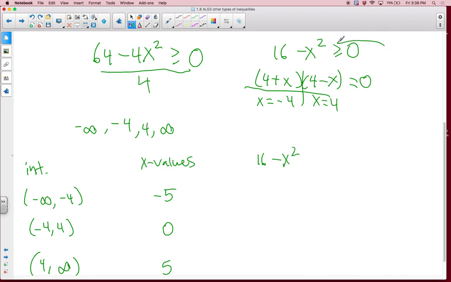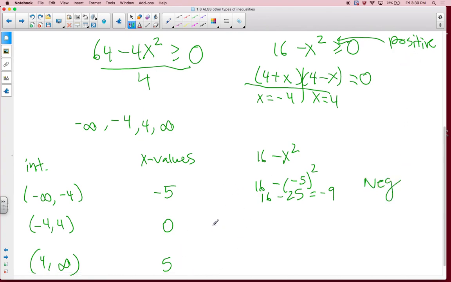Okay, so plugging in, we have 16 minus -5 squared. That's 16 minus 25. That's going to be -9. So this is negative, which is not going to satisfy our solution.